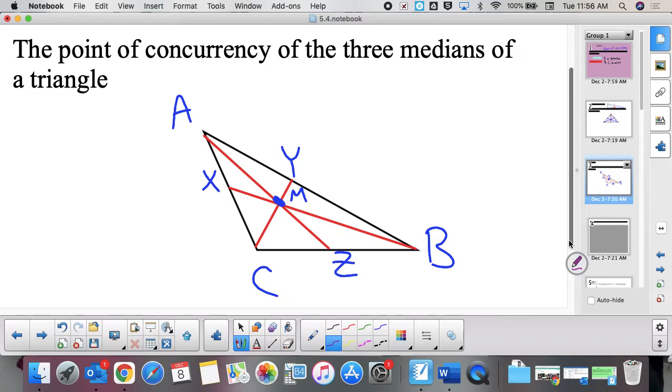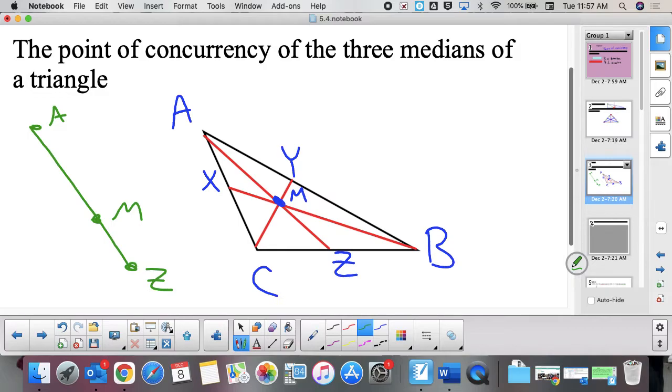Now, point M, that centroid, is going to have a property though. It's not the same distance away from something like the last two sections were. However, it is going to take that median and break it into two pieces. So if I look at one of my medians, let's look at median AZ, this point M is going to break it up into two parts.